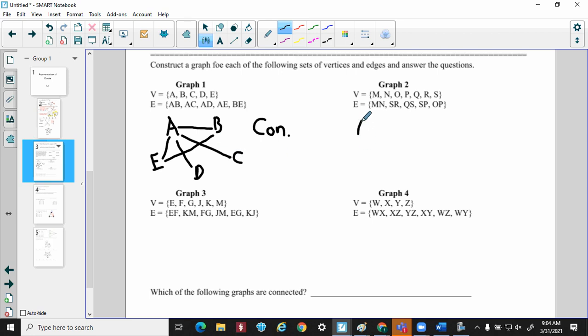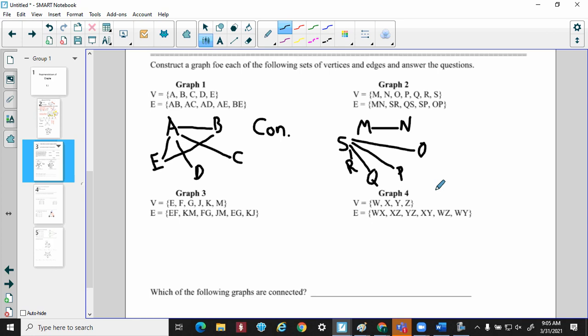All right, let's try this one here. M, N, O, P, Q, R, S. All right, so M and N, we're going to connect. S, R, we're going to connect. That's kind of a bad way to connect it, but it's QS, connect. SP, connect. OP. There we go.